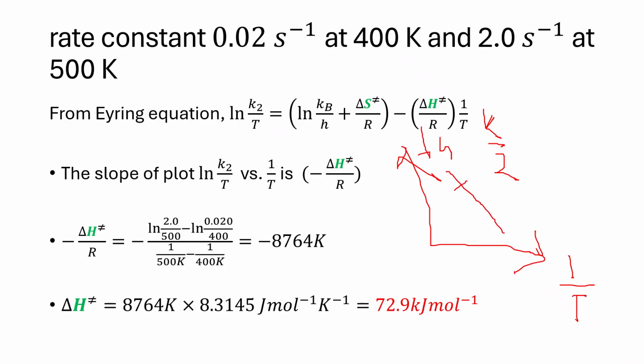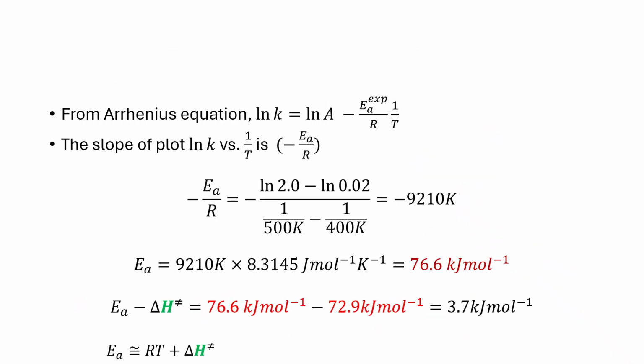You get the coordinates of the points for the temperatures of 500 Kelvin and 400 Kelvin. You find the difference in y divided by the difference in x, and then you get the value of the slope. From the slope, you multiply by the gas constant, and then you will be able to find the value of the enthalpy change.